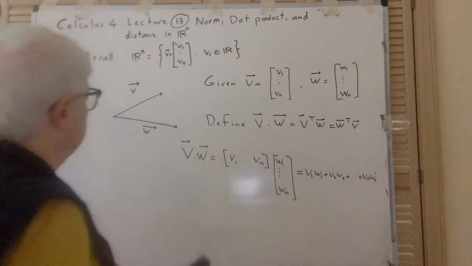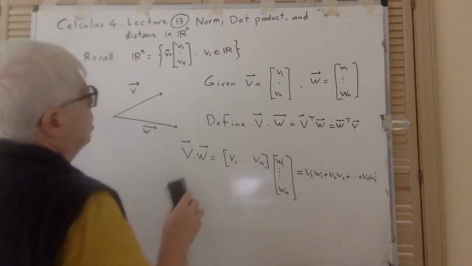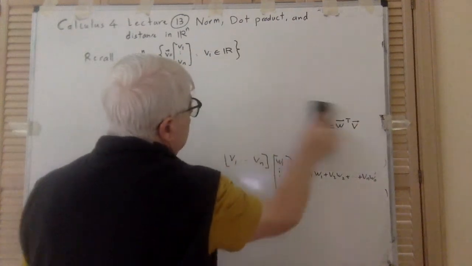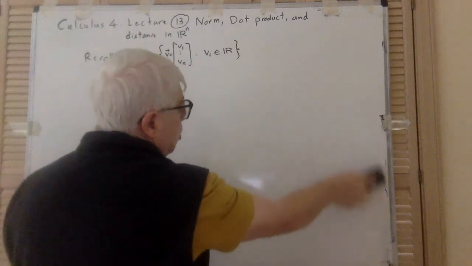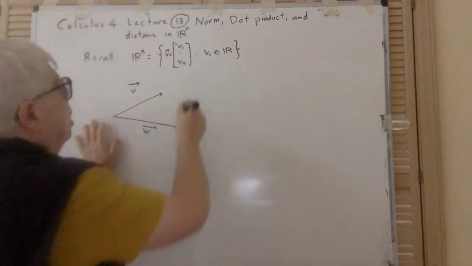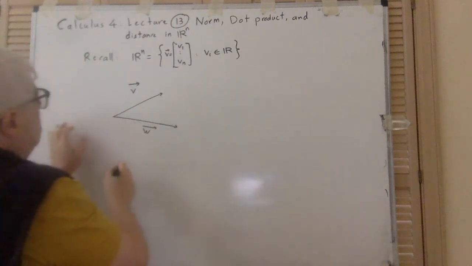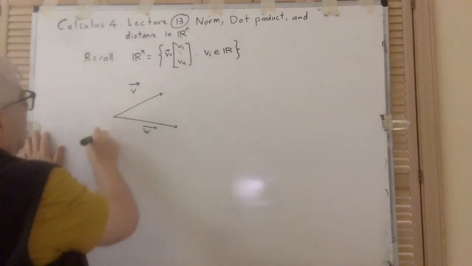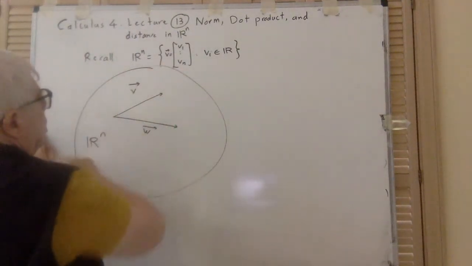And let me define distance. And then write down some properties of these three things. Distance, okay, let's assume that we are in Rn. So this is Rn. Okay?